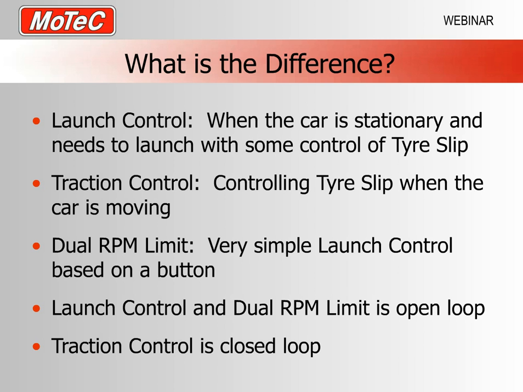Traction control, on the other hand, is a closed loop system where it's constantly working out what our tyre slip is, and we've given it an aim tyre slip, and it works out the difference between the two, and it tries to always adjust everything to control to the aim slip that we want.